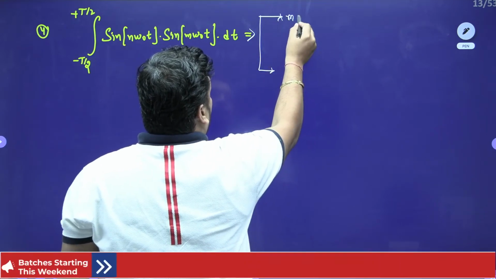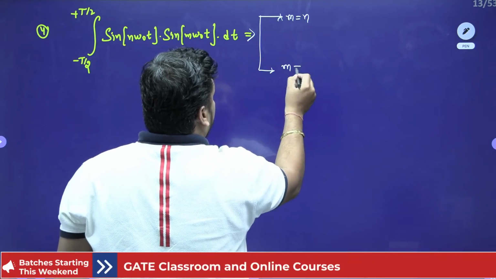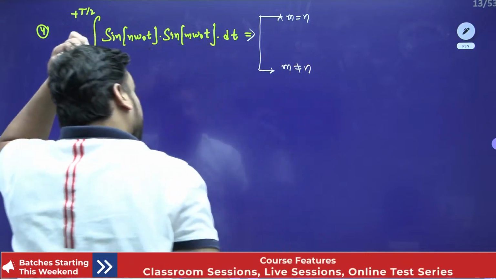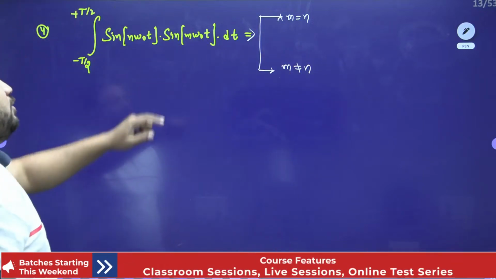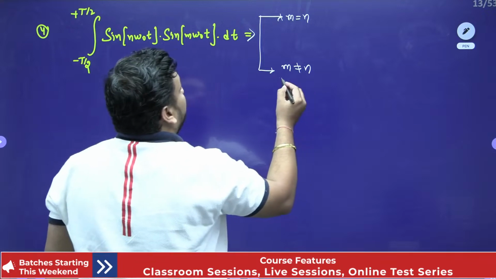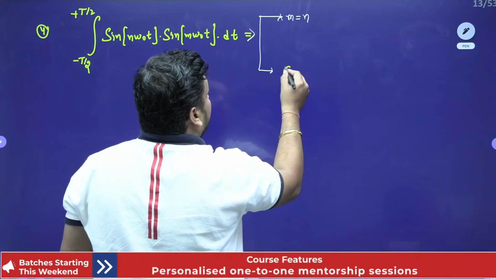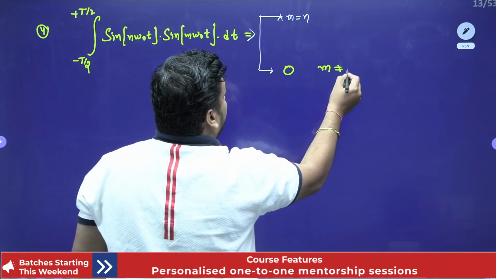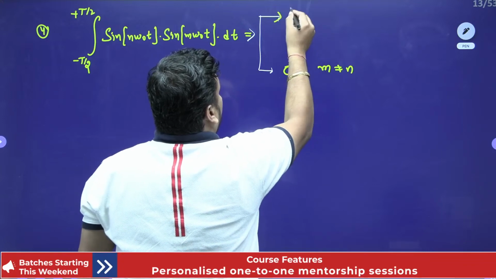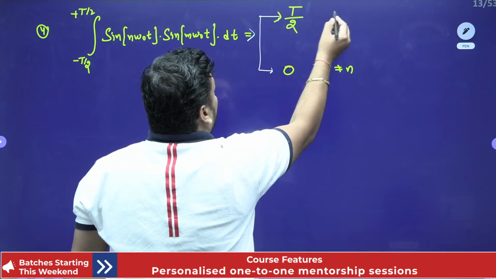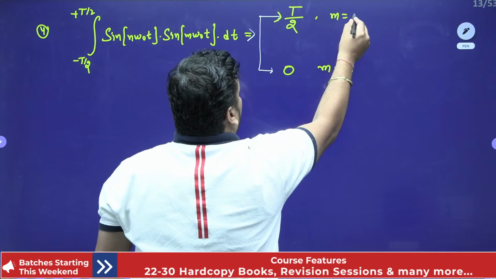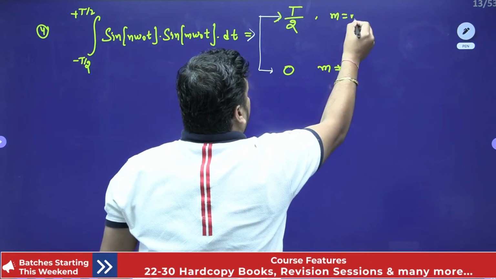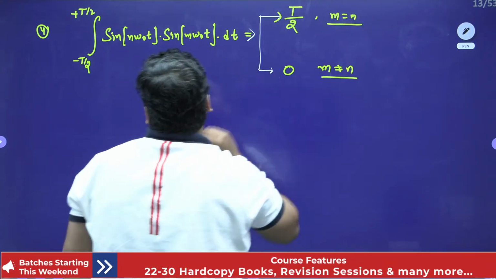If I talk about m equal to n and m not equal to n, then what will you get? If m is not equal to n, again this term will be 0, sir. We should write here the result 0 when m is not equal to n, and we should write the result capital T by 2 if m equal to n. Just like the same. I hope it is clear to you.